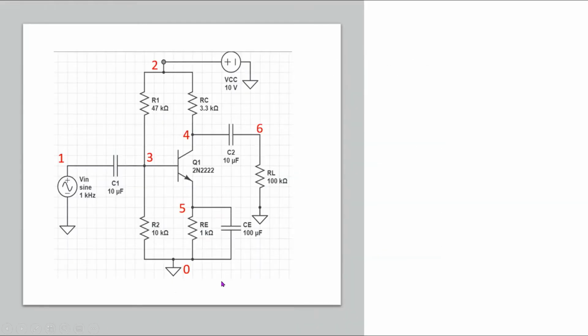Next, we start with the coding, and the first thing which we consider is the input voltage. We have to give input voltage of 10 millivolts peak to peak at 1 kilohertz. In AM Spice, capital V indicates that it is a voltage.